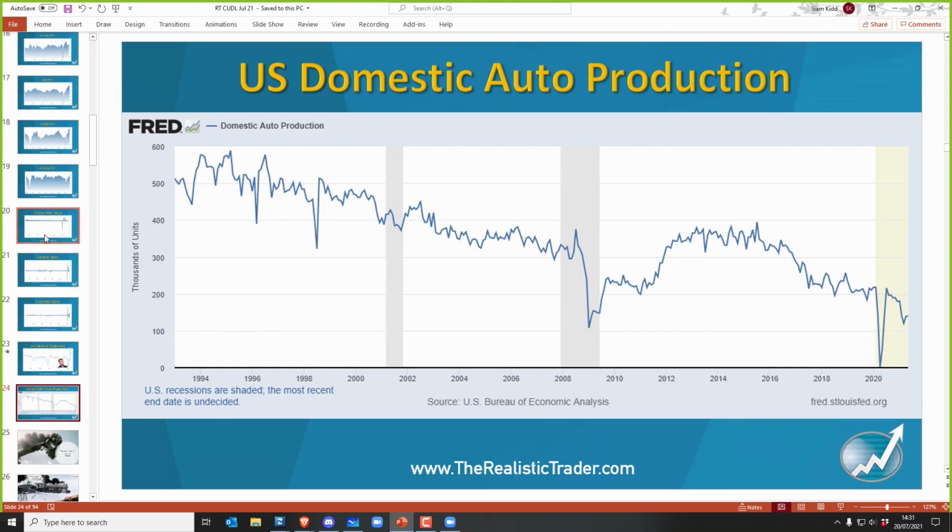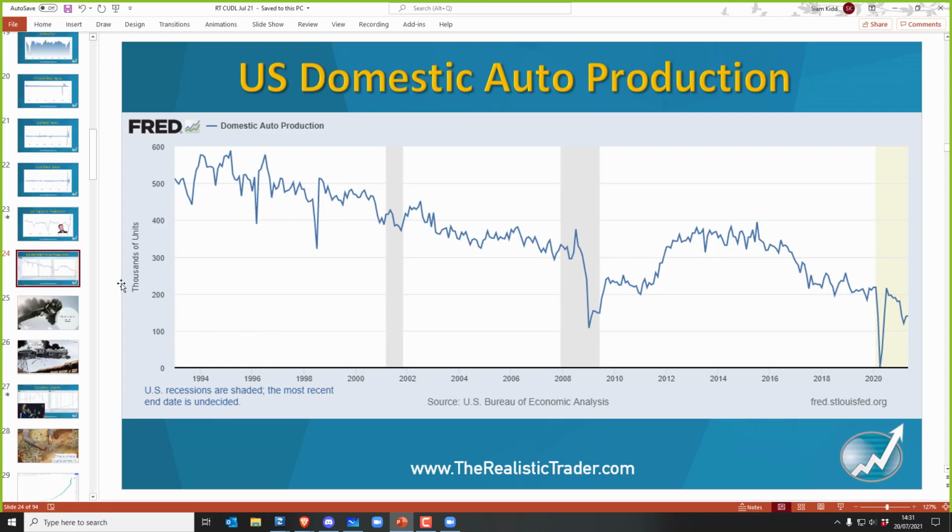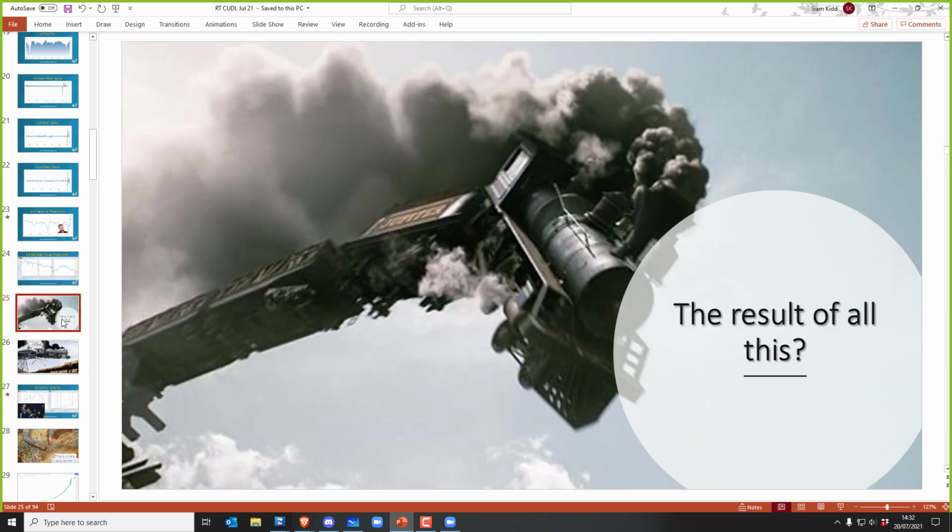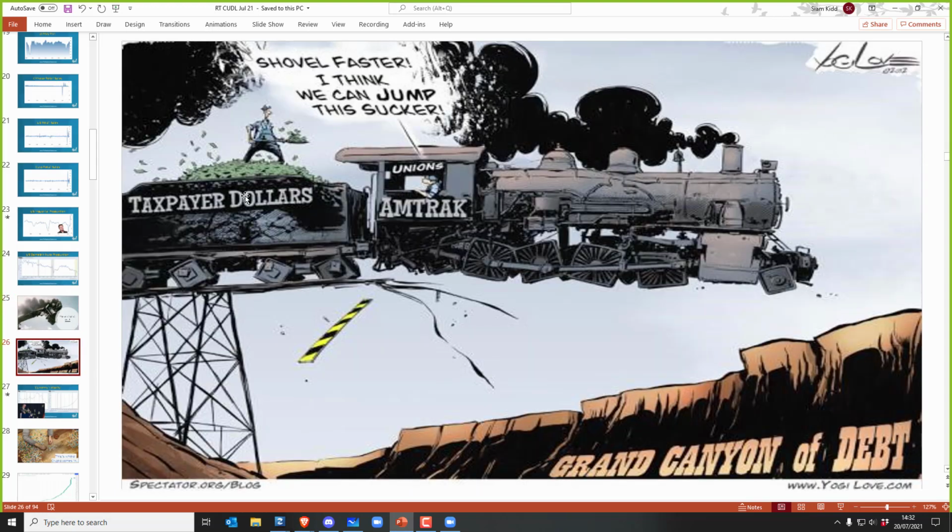It'll go away from selling cars to miles driven via ride hailing as a service of some sort. So the result of all of this seems pretty train wrecky, and I think it is. The reason being is that they're just trying to print their way through it. And this is a great picture.